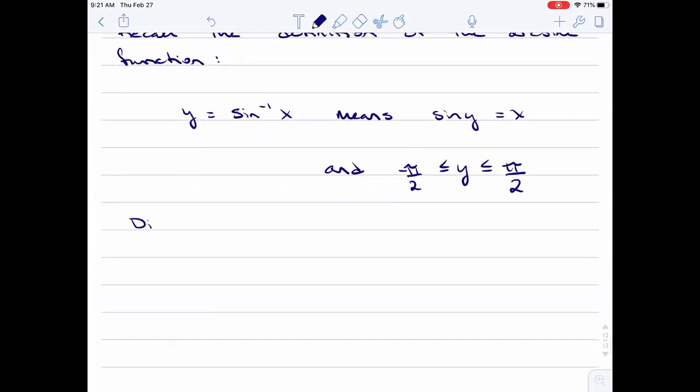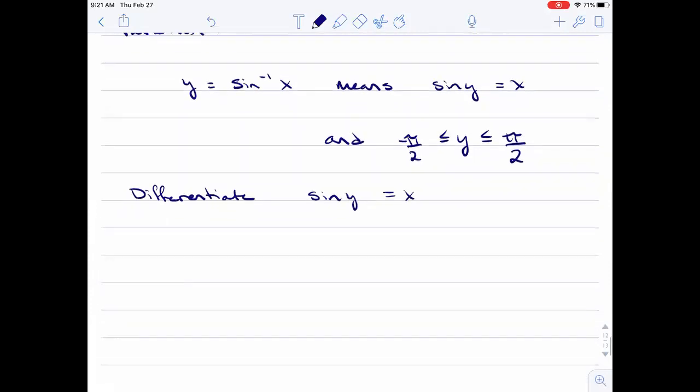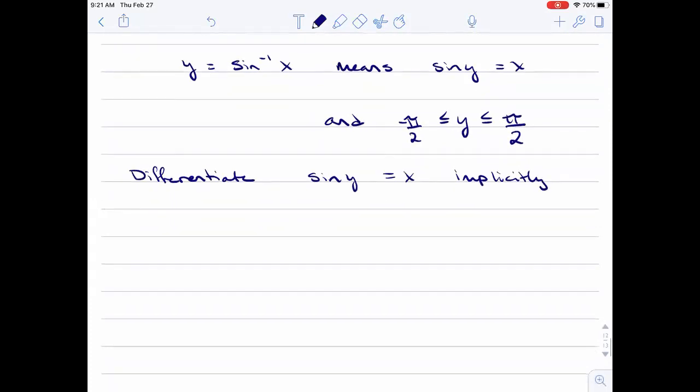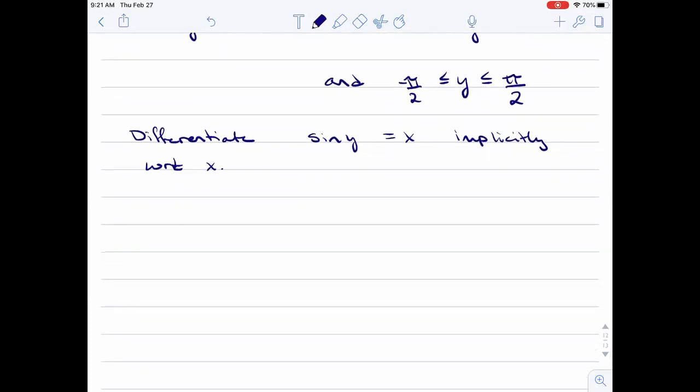So if we differentiate sine y equals x implicitly with respect to x. Well, again, if we've got sine y equals x, I can take the derivative of both sides. Sine y is implicitly defined in terms of x, and so I have to take another chain rule.